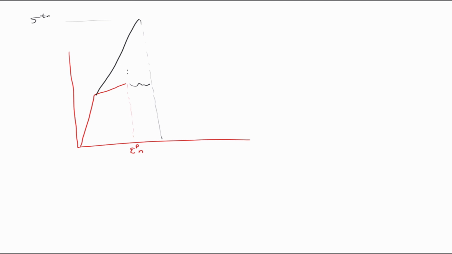I see what your question is now. You're just saying if it's above the elastic limit, because we're monotonically loading, we're always going to be plastic. Yes, you can always do that: just say if it's above the elastic limit, I'm going to assume it's plastic and move forward.